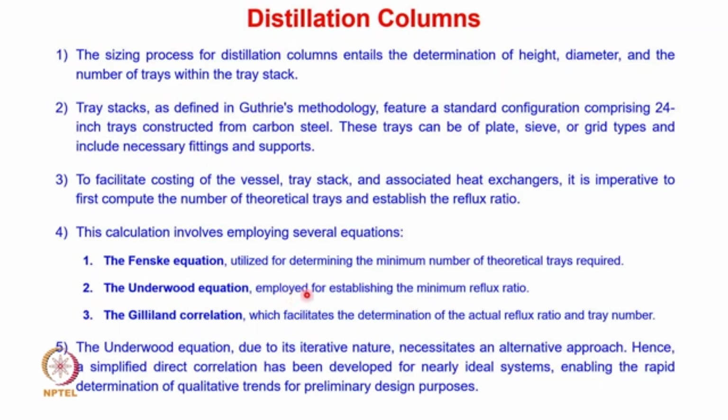But this Underwood equation is typically iterative, isn't it? Several iterations are there. So in order to avoid that, simplified direct correlations are usually used by assuming an ideal system, and that can give you the calculation of the reflux ratio rapidly for preliminary design purposes.